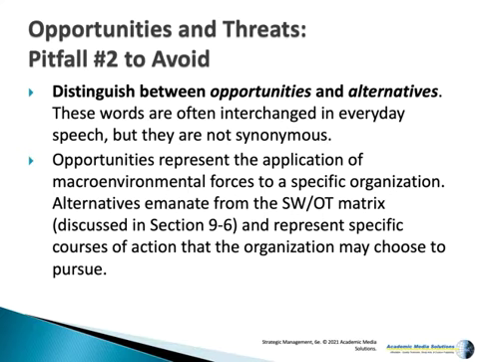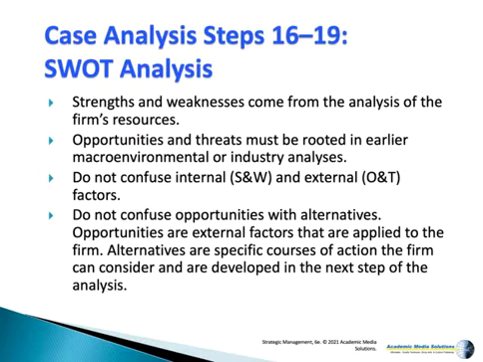Now, we'll talk about an example in a few slides, and I think some of this will become clear, but you want to keep these pitfalls in mind, especially number 2. It's a very common error. This brings us to steps 16 through 19 of the SWOT analysis. In 16, 17, 18, 19, strengths, weaknesses, opportunities, and threats, this is where you list the strengths, weaknesses, opportunities, and threats for your company.